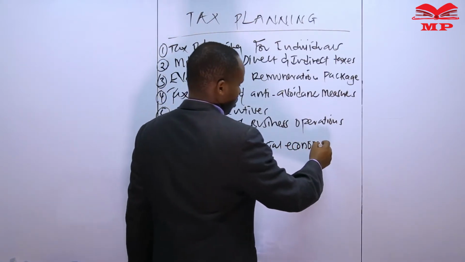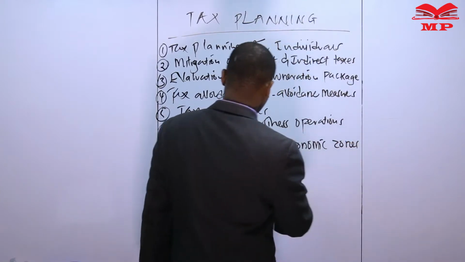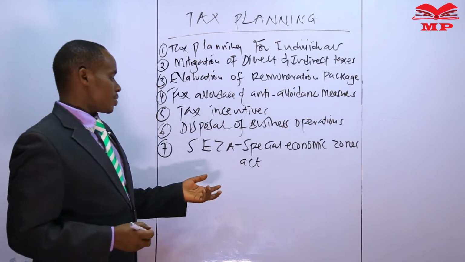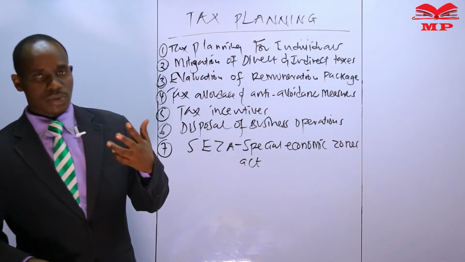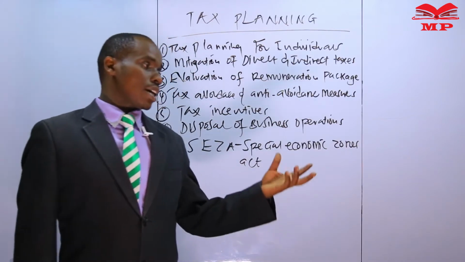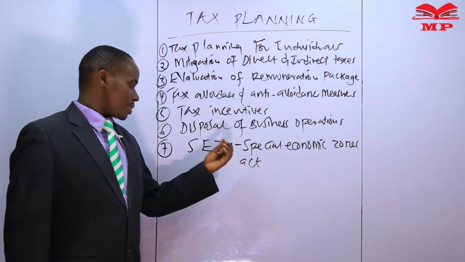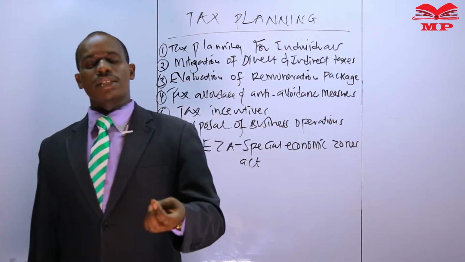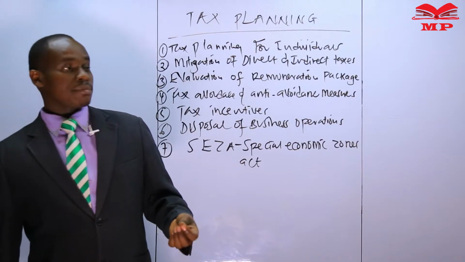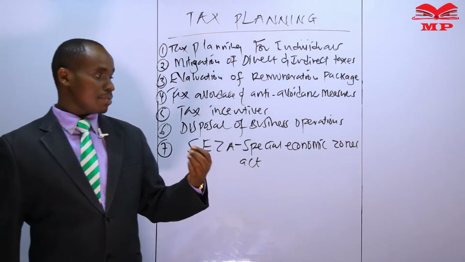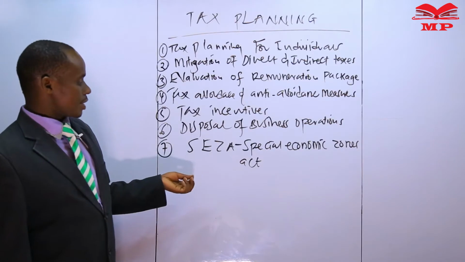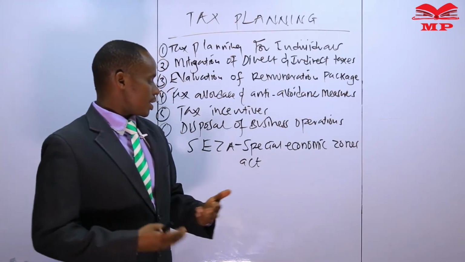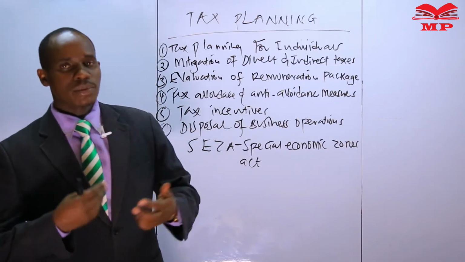Now, special economic zones are those zones whereby the government has offered some tax incentives, such that if an investor invests in such areas, you will find that your tax burden tends to be a bit lower. So you will understand again in this area what CESA means and some of the benefits or value it has added to our economy.